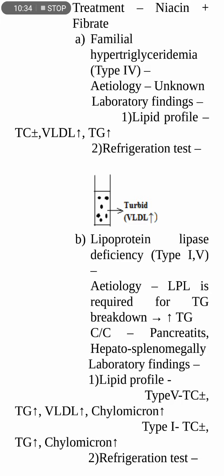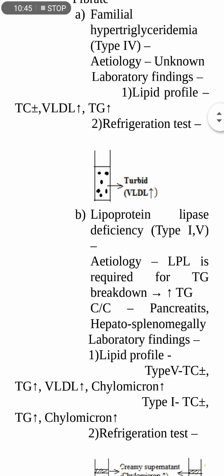LPL is required for TG breakdown, so because the lipoprotein lipase is deficient, the TG present within the VLDL is not broken down, and there is increased TG within the blood.